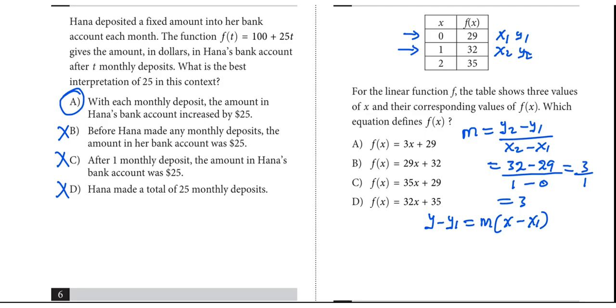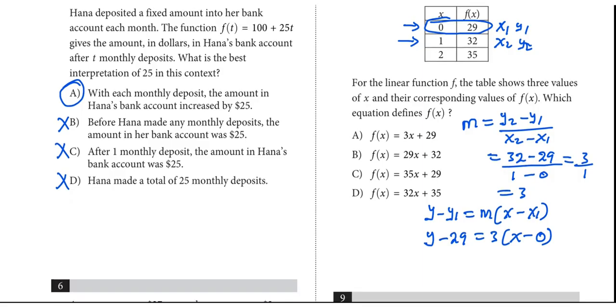We can use the first point, which is 0 and 29, and plug them into this point slope form. So this will become y minus 29, since y1 is 29, is equal to the slope, which is 3, times x minus 0, because x1 is 0.